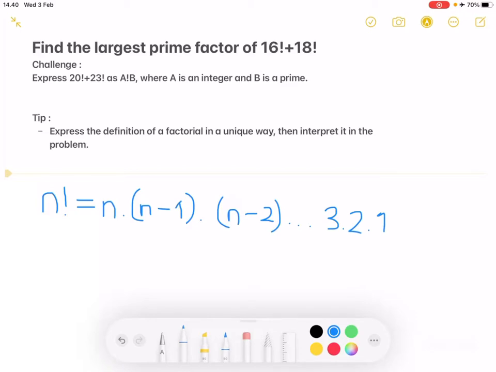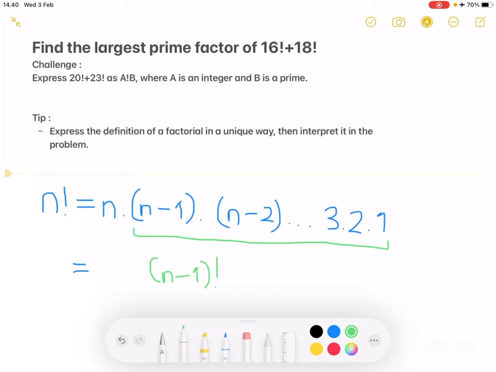However, we can look at this in a different way. Notice this product right here. This is just the same as n minus 1 factorial, right? It's just the product of all integers below n.